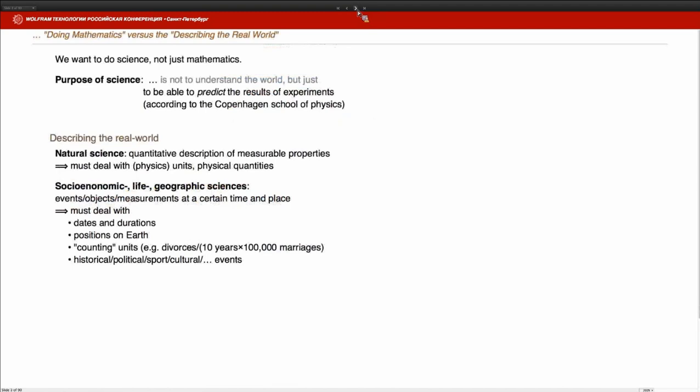For instance, physical quantities and their values are measured in units, so we need units, something that we added a while ago. For socioeconomic sciences, life sciences, geographic sciences, we need things like dates, or we need positions on Earth.